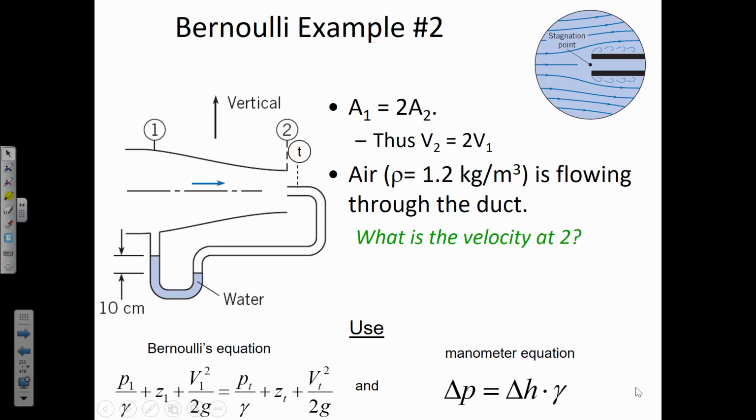And of course, we also know, since it's water that's in this manometer tube, we're going to want to have the water properties available for us. So the unit weight of water and the density of water. The density being 1,000 kilograms per cubic meter, and the unit weight being 9810 newtons per meter cubed.